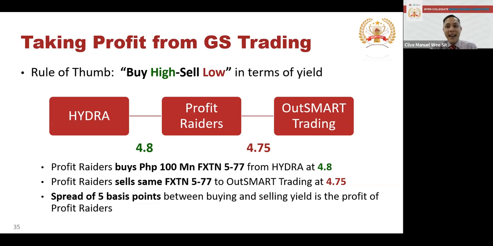So if you use the buy high, sell low rule of thumb, this will become a profitable trade. Okay, and it's profitable because Profit Traders will pocket a trading gain equivalent to 5 basis points, which is the difference between your buy rate of 4.8 from Hydra and sell rate of 4.75% to Outsmart Trading.